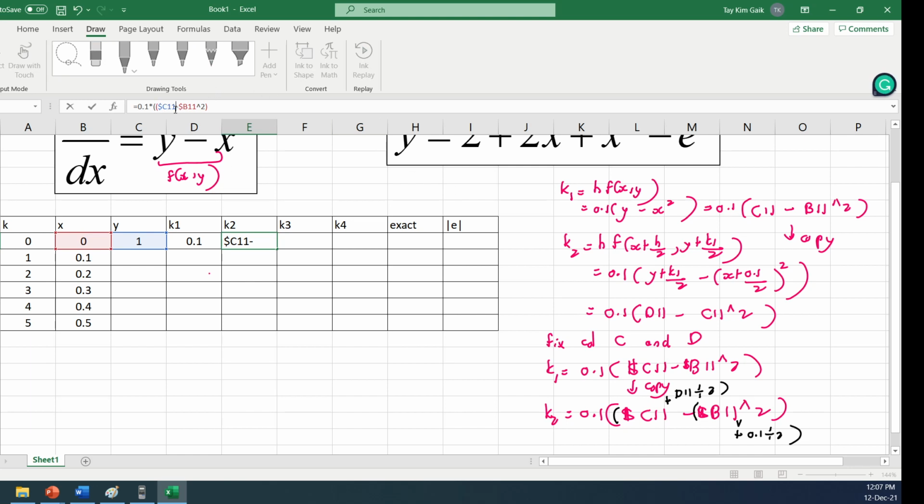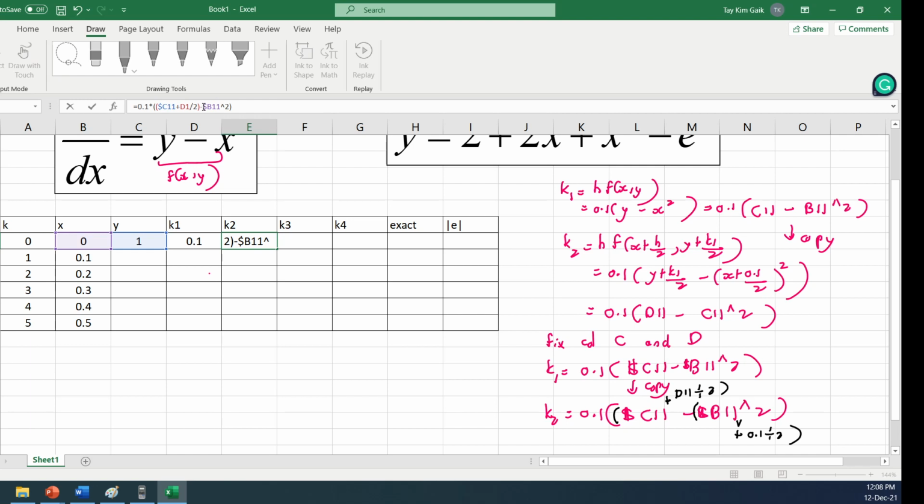This is y plus K1, and then divide. Where's the divide button? Sorry, in Excel, divide is the forward slash. So this one should be a slash, divide by 2. Here, close it.